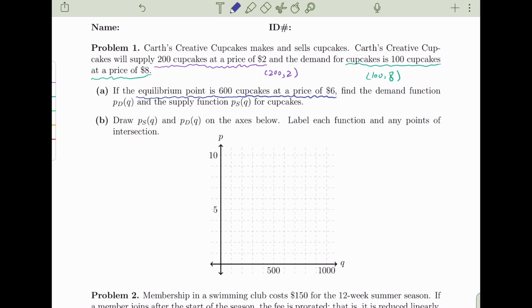So it says if the price is $6, there will be as much demand as the supply. So this point here can be used either for the supply line or the demand line. In other words, it lies on the intersection of the supply line and the demand line. So we have this blue point here, 600, 6, which can be used both for the green line and the purple line.